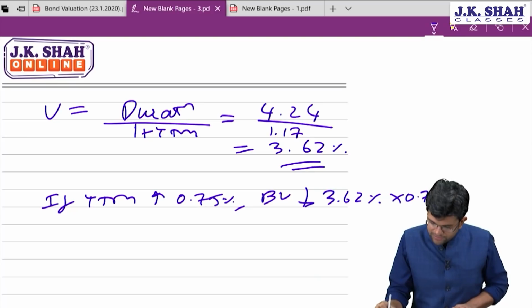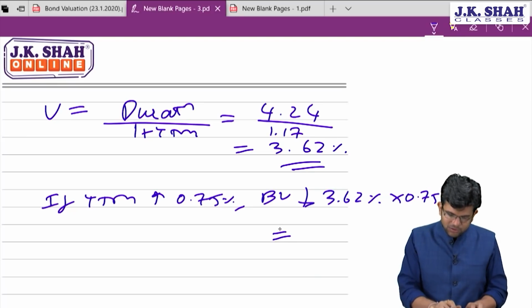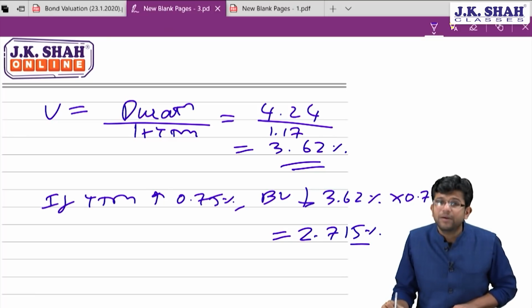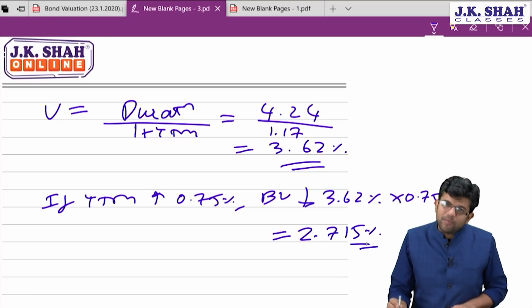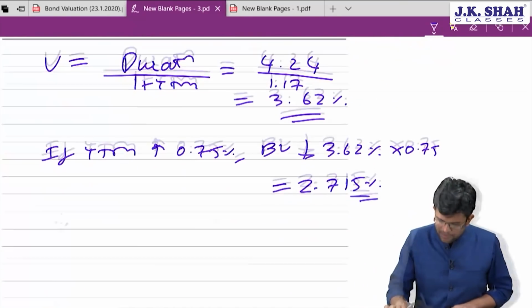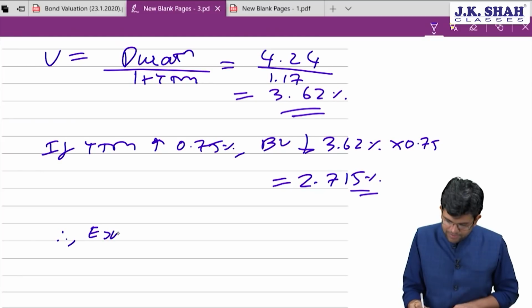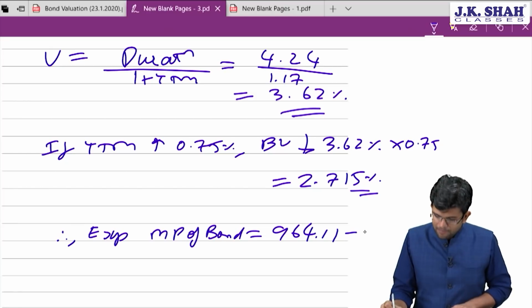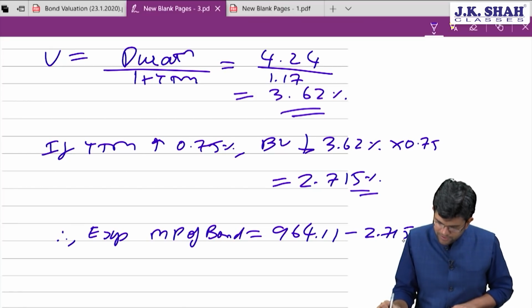Now for a 0.75% change in yield, let's do the calculations. 3.62 into 0.75, my bond will drop by 2.71% from its current value. Everybody following? So if the current value, students, is 964.11, we will write down: expected market price of bond will be 964.11 current price minus 2.715%.